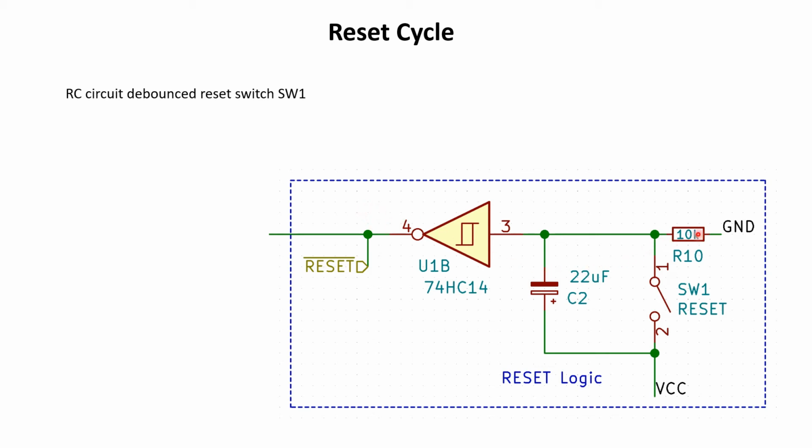This reset switch is debounced via this RC circuit and that Schmitt trigger, and that will also serve a second purpose, because as soon as the system powers up, that capacitor C2 will charge through this resistor, and that means that the voltage at this point will decrease.